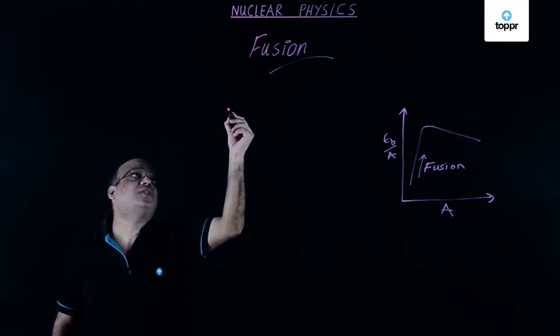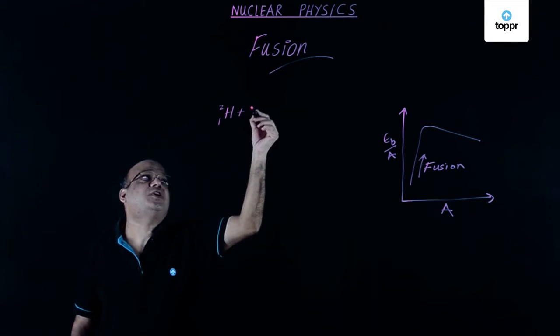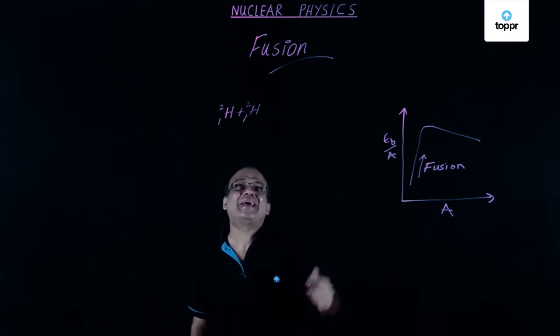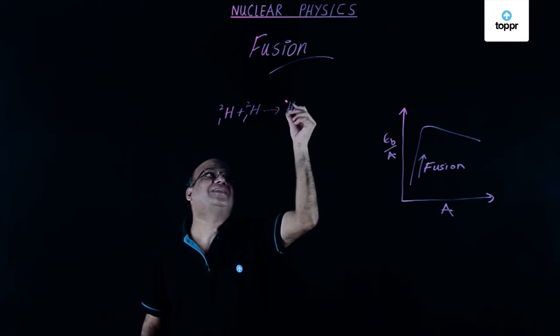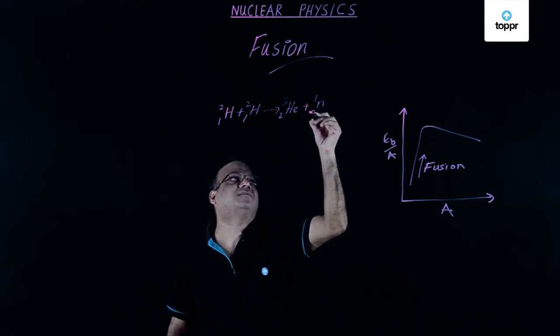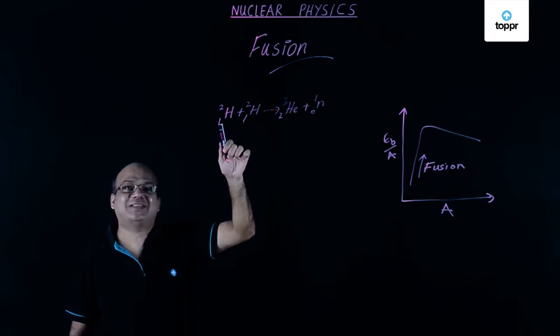One example of a nuclear fusion reaction is two deuterium nuclei combining to form a helium nucleus plus one neutron. Binding energy per nucleon of this is more than this.